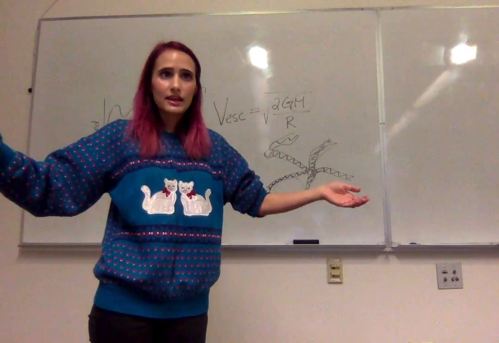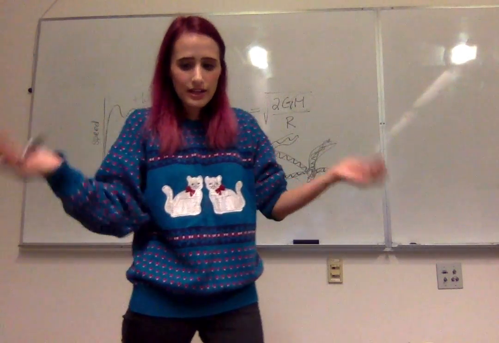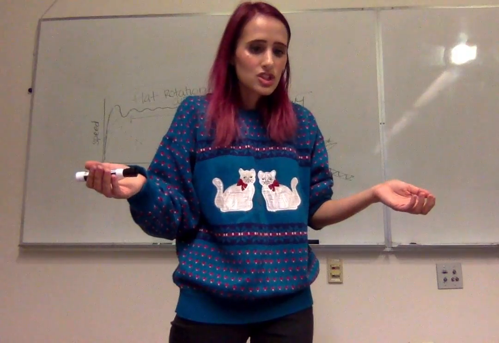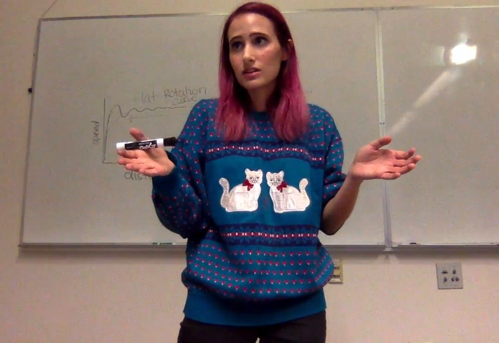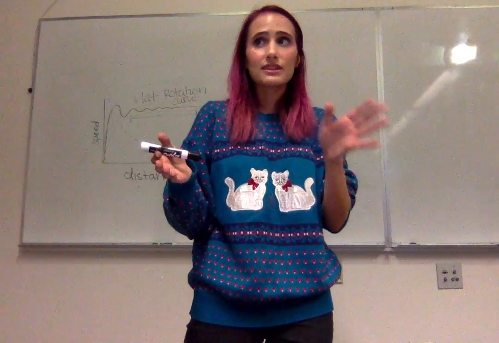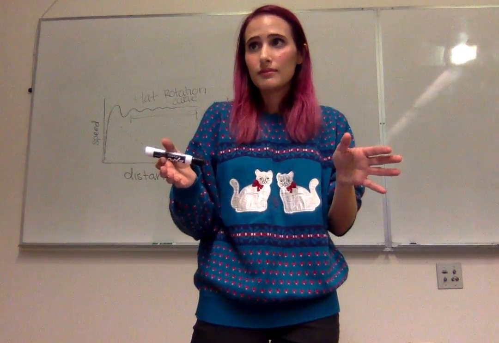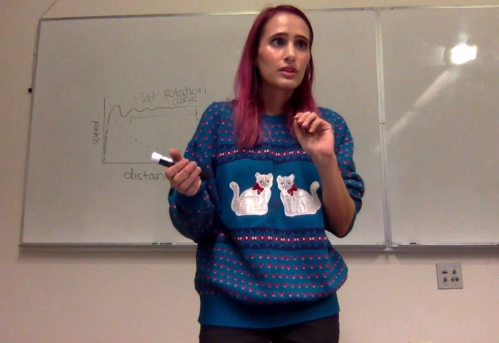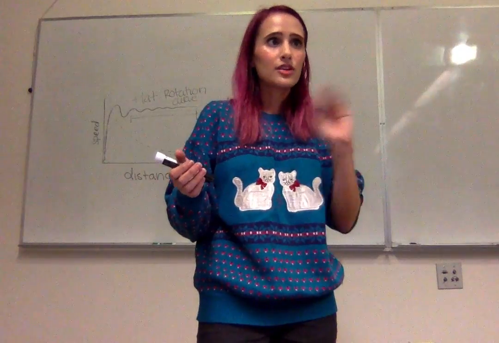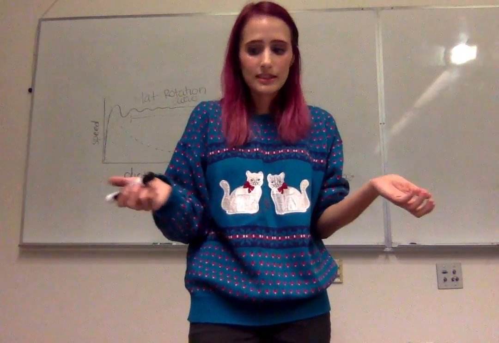And then like 20-something% is dark matter, and then only like 5% is normal matter. So there's a lot more dark matter than normal matter. We just can't see it.